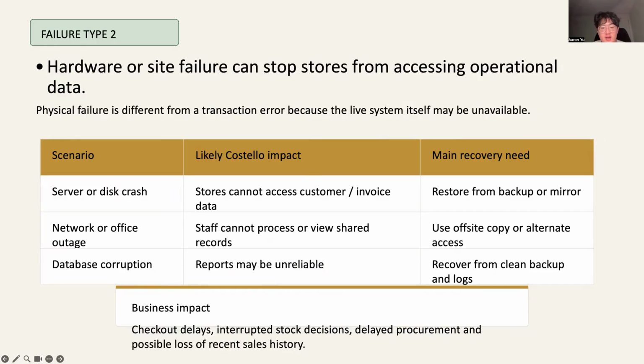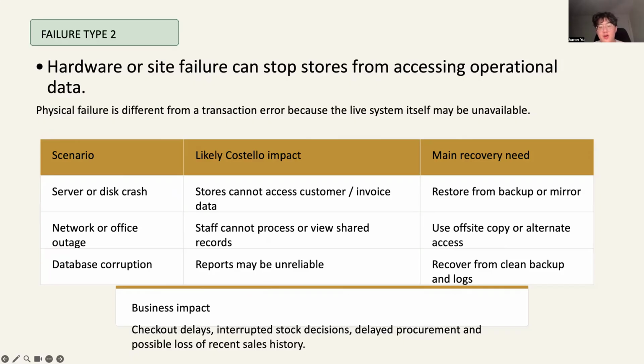The second failure type is hardware or site failure. This is different from a transaction error because the live database or storage may become unavailable. Examples include a server crash, disk failure, network outage, office system outage, or database corruption. For Costello, this could have serious operational impacts.